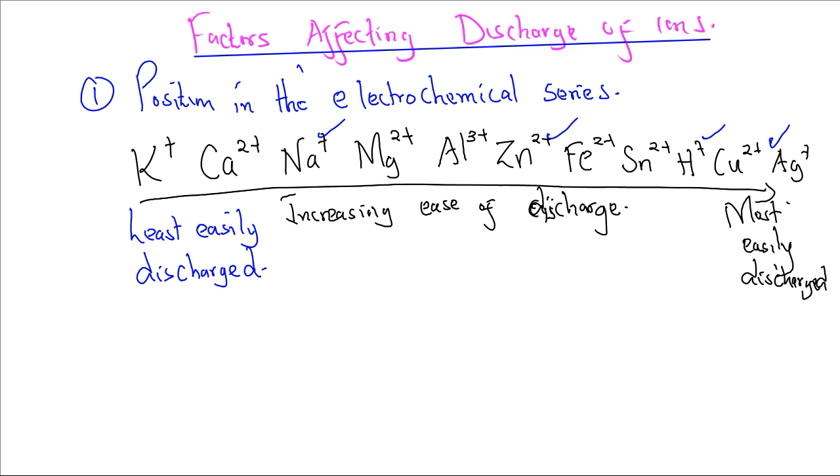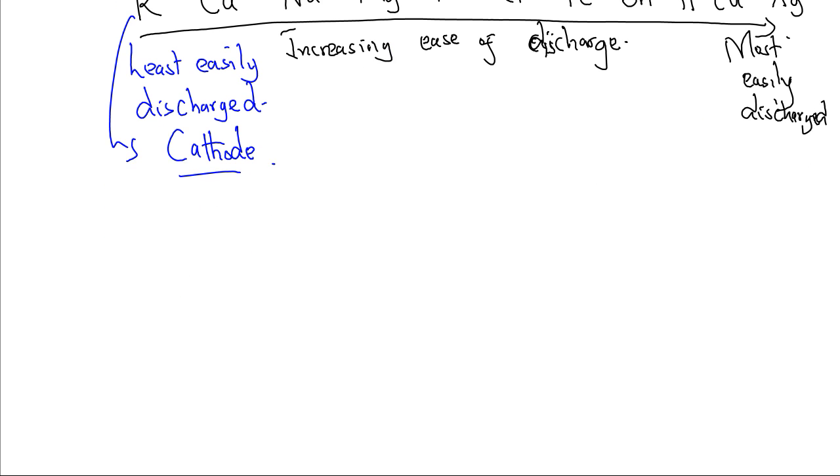That is normally the discharge at the cathode, where we have the metals. Let's look at the case for anions. The discharge at the anode.